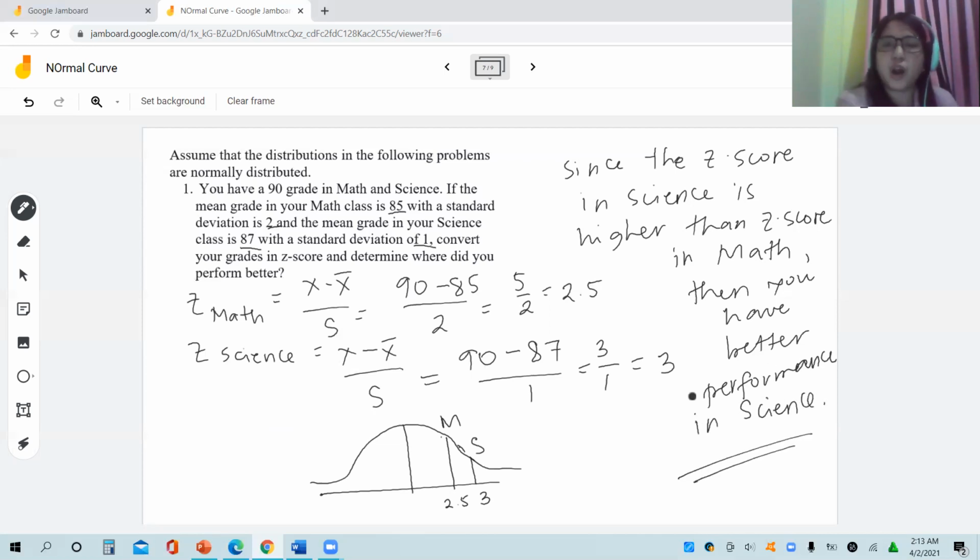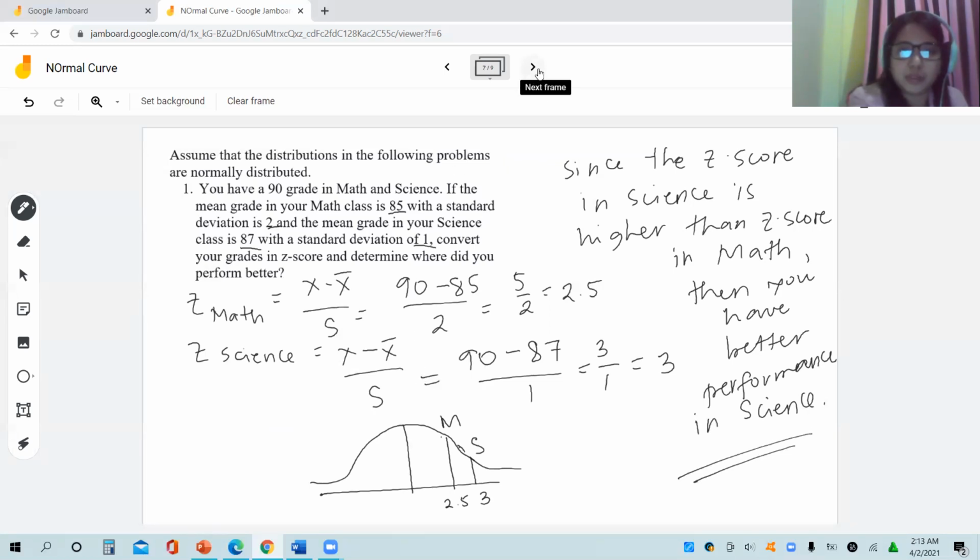This is how we use the standard z-score, or standardized score. What we did here is simply substitute the given to the formula and then compare which is higher: the z-score in science or the z-score in mathematics.